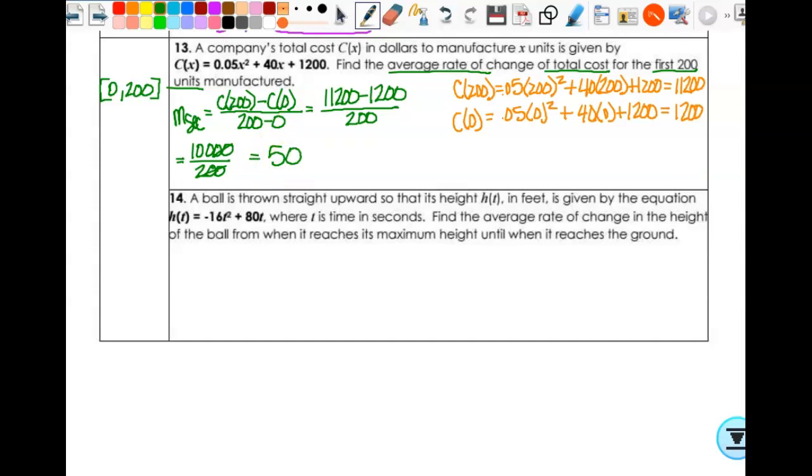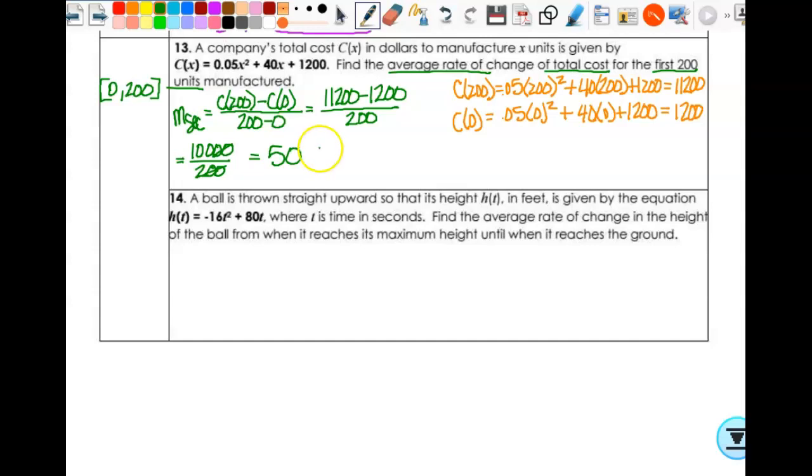Sure, that's the slope of the secant line, but what does that tell us? The average rate of change. So what are my units? This is 50 what? This is a rate of change, right? So it's a rate. So it's 50, not percent, but it's like miles per hour. It's like dollars per unit.